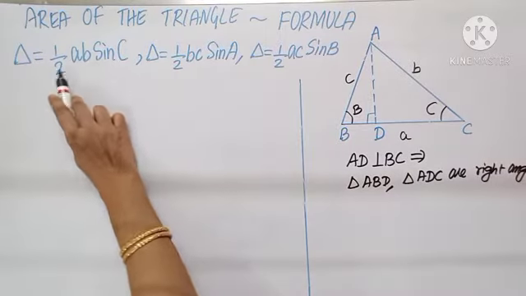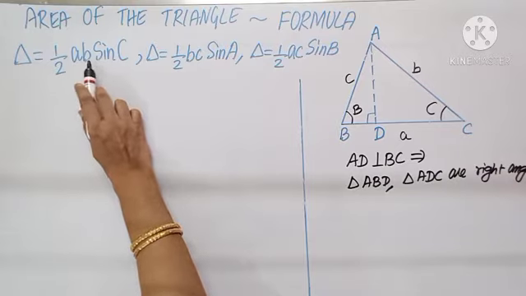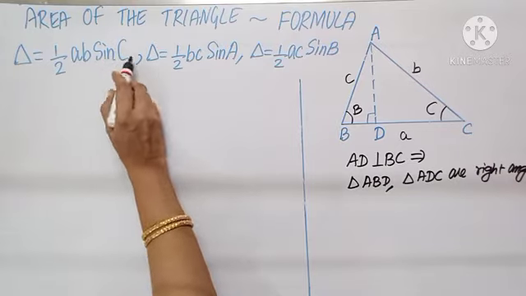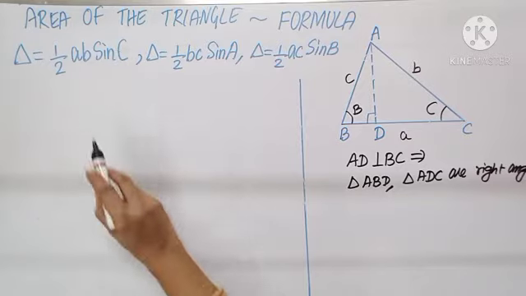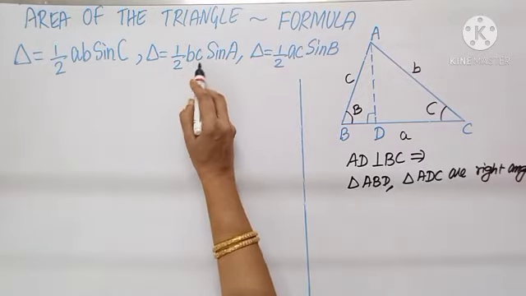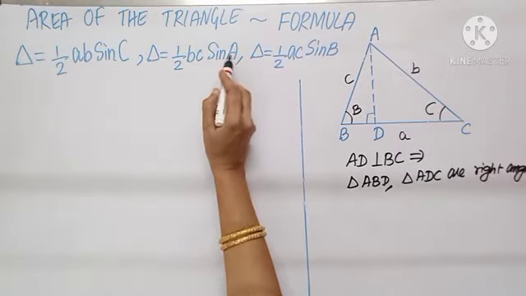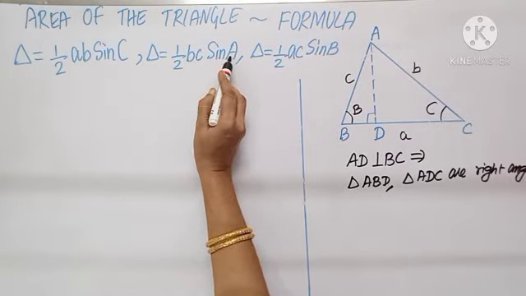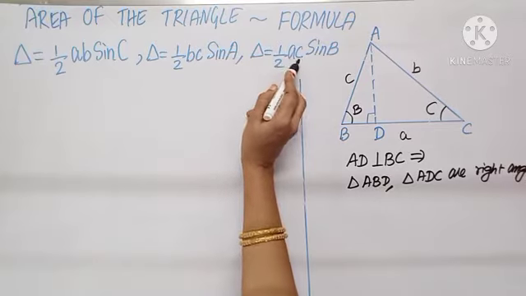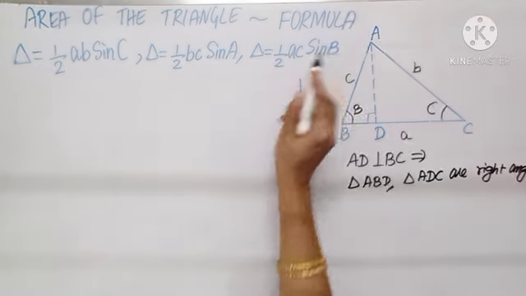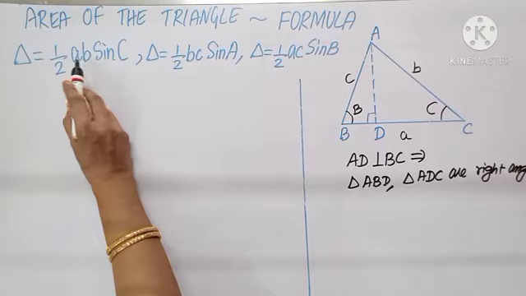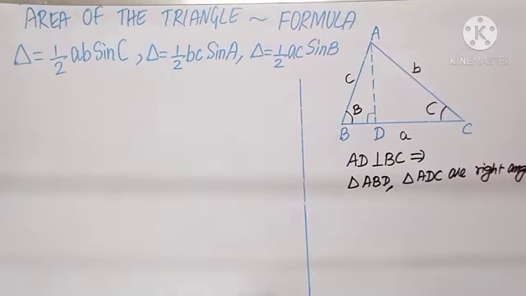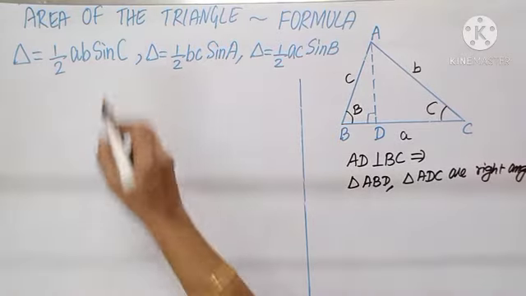It is half ab sin C, putting the sine of the missing letter, angle C. Half bc, I put the missing letter capital A. Two sides, if I take BC, the angle will be A. Two sides, if I take AC, the angle will be B. Two sides, if I take AB, the angle will be C, and we have three different formulas.